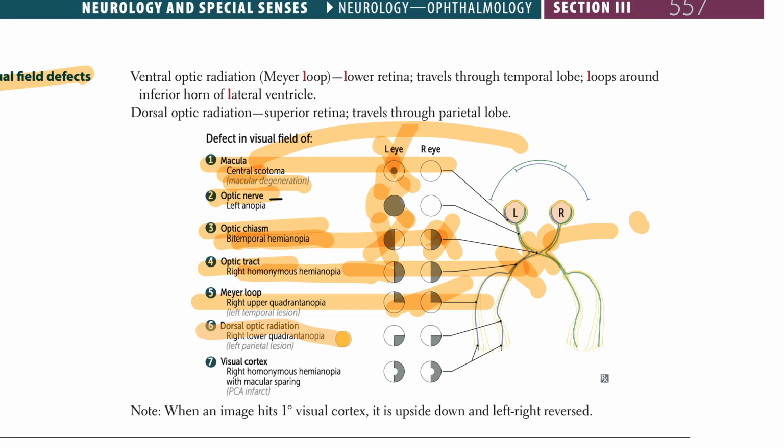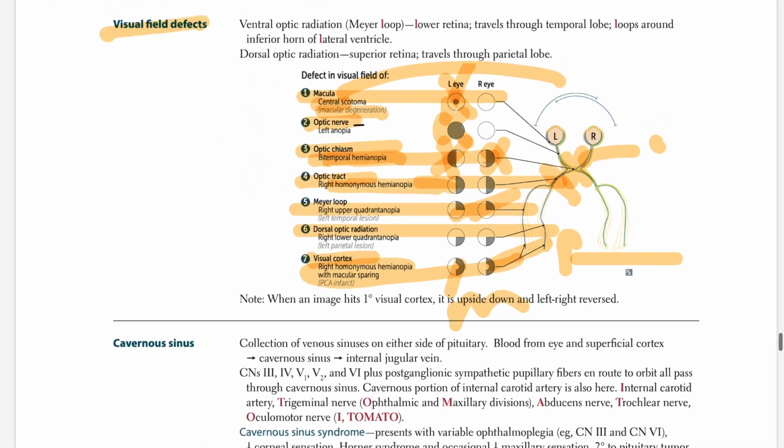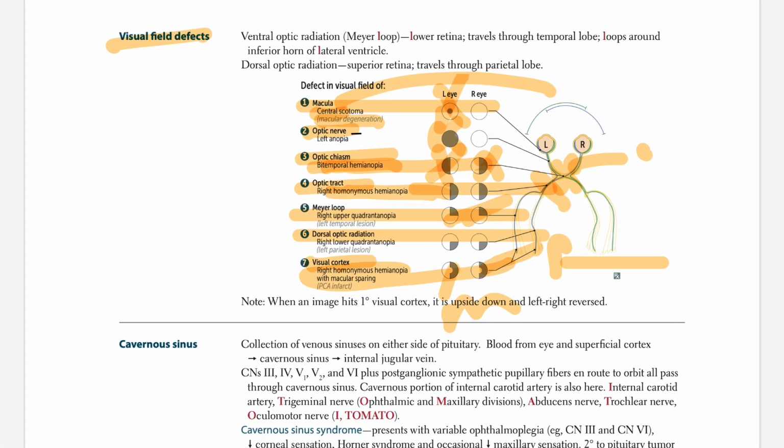With the dorsal root radiation being knocked out, that's the pie on the floor. Visual cortex being knocked out, that's the homonymous hemianopia with macula being spared because MCA supplies the macula. Okay. And that's pretty much what we have for visual field defects.